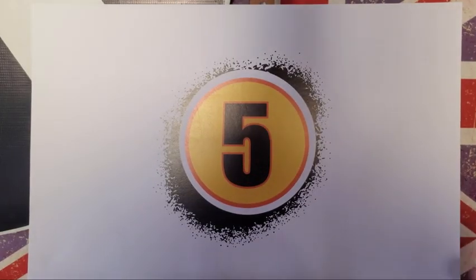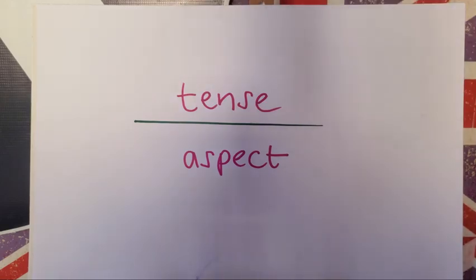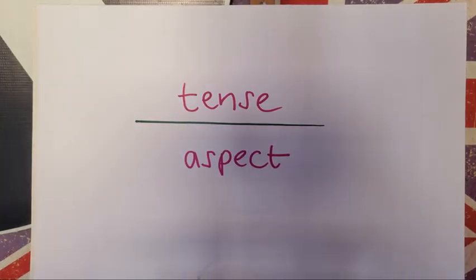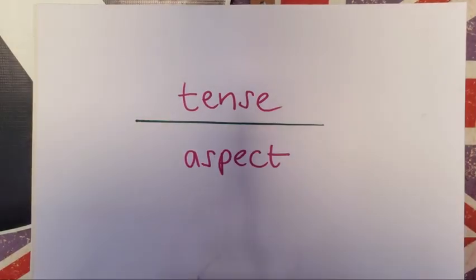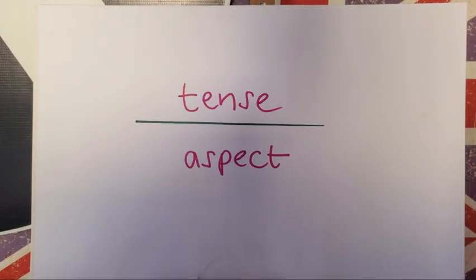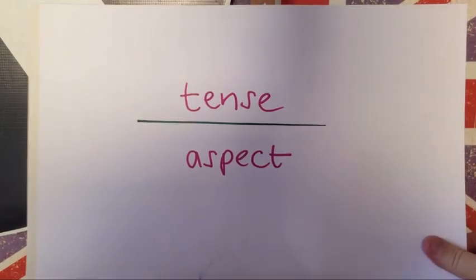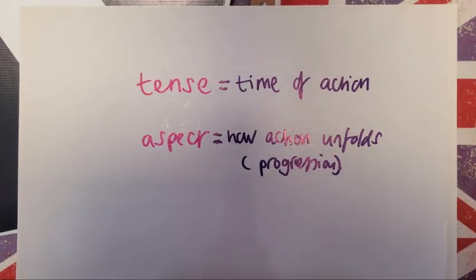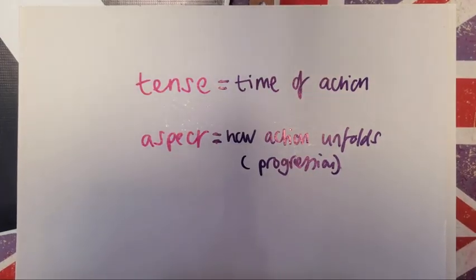Step 5. We're looking at verbs, tense and aspect. Again, why? Because I want to know how Spanish verbs are working and functioning. When we say tense, you may go, well, what is tense?